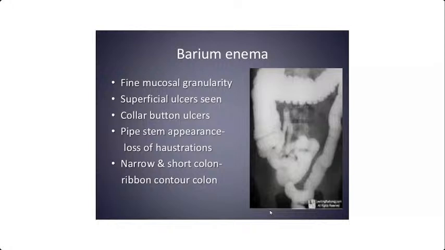There's minimal absorption of water and nutrients in the rectum, so they won't suffer any fluid and electrolyte imbalances if their rectum is removed. So they still have the rest of the colon. I think I've already explained the pipe stem.